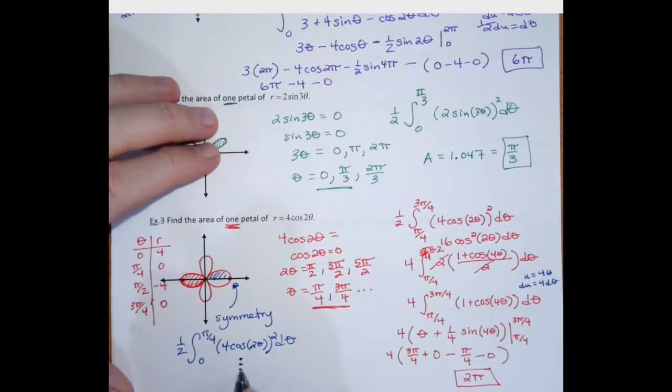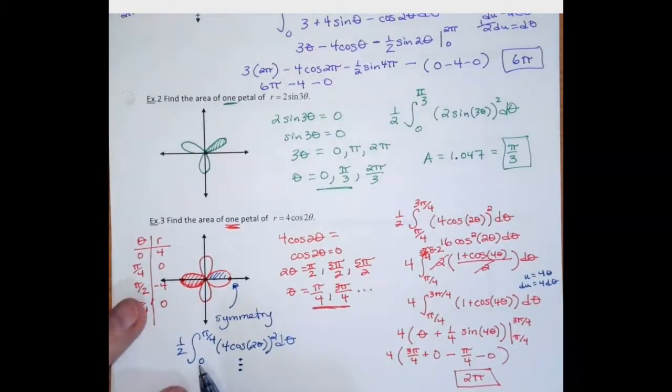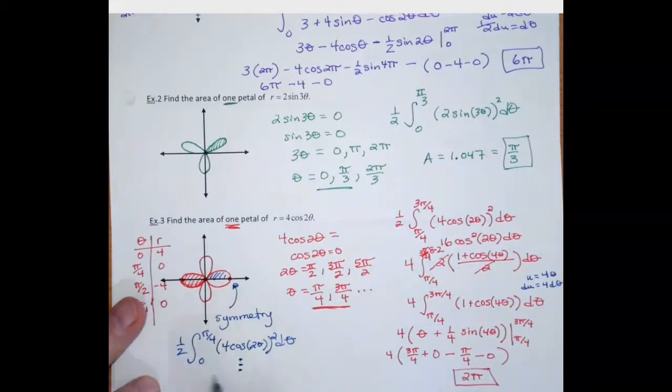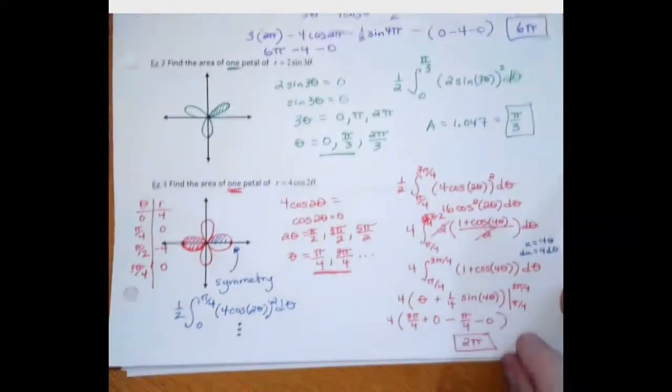Now I don't want to go back and do that to see how much less work that is, but it really wasn't that big of a deal to plug in pi over 4 here, so not sure if this will be much less work, but we could do it that way.